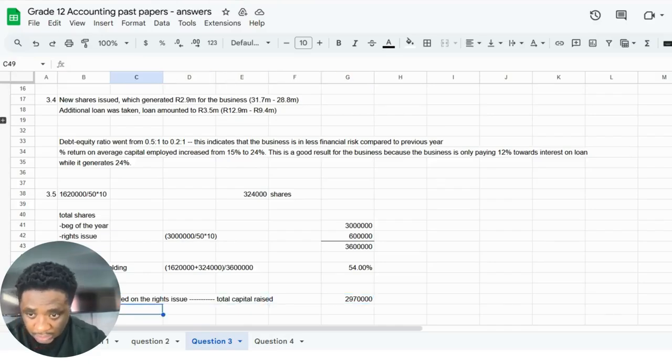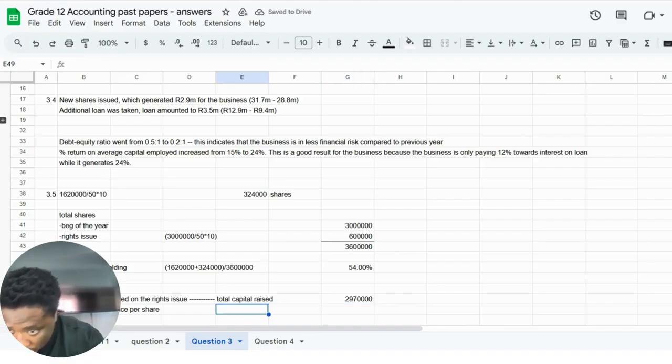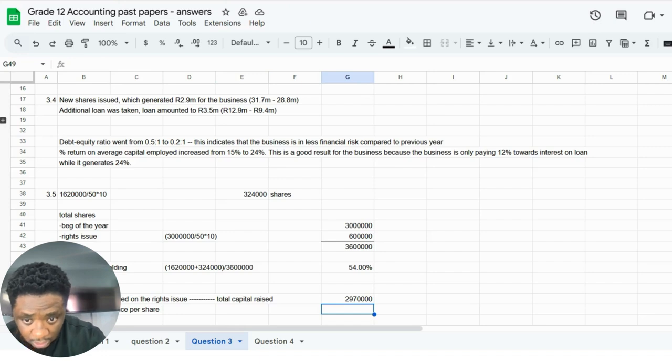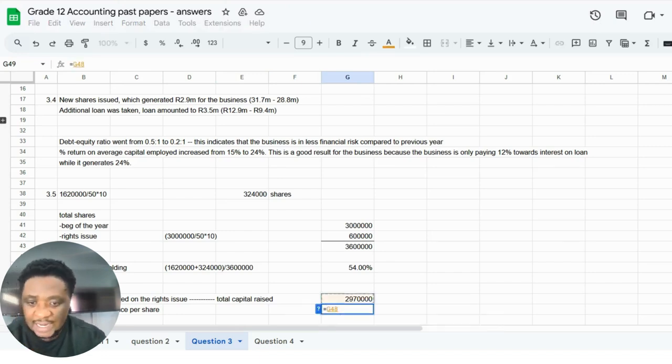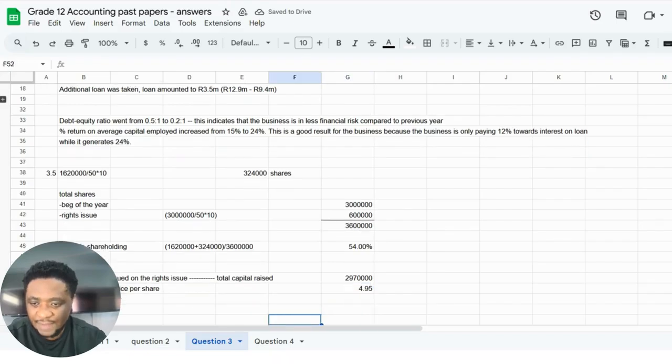So based on that, the price per share would have had to be 2,970,000 divided by the new shares that were issued, which was 600,000. That gives us a price per share of 4.95.